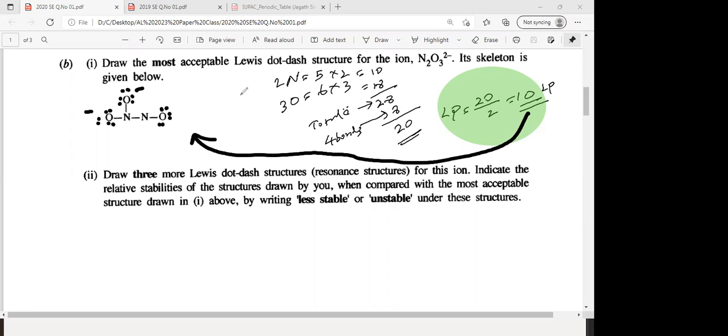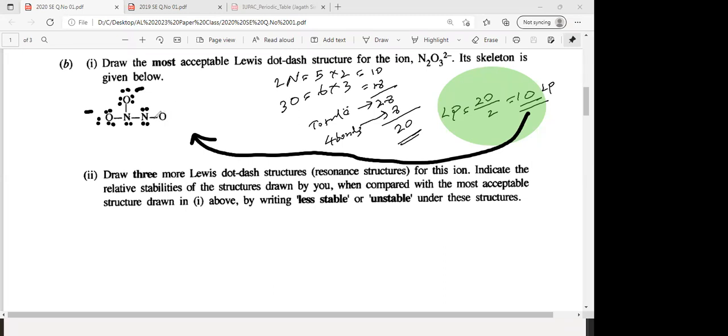Then wait, before that, on this nitrogen I'll put 1. The least electronegative one is this. This one I'll put 2 pairs.